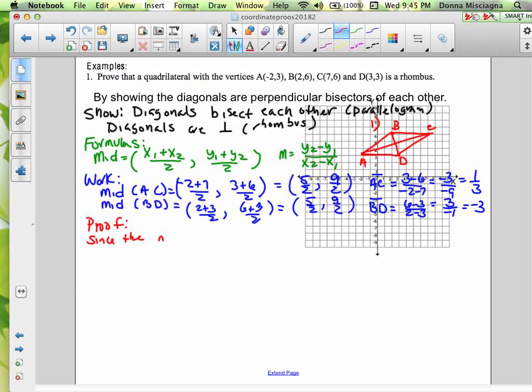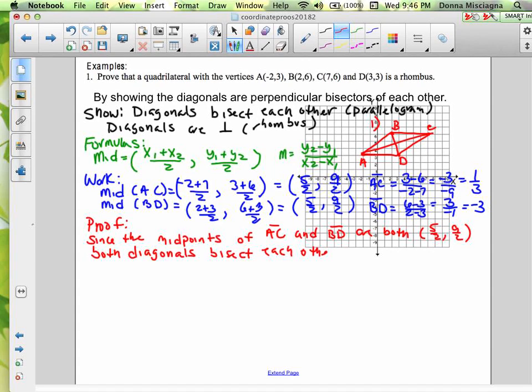So since the midpoints of AC and BD are both 5/2, 9/2, both diagonals bisect each other, making ABCD a parallelogram.